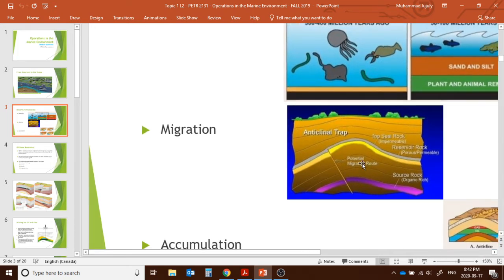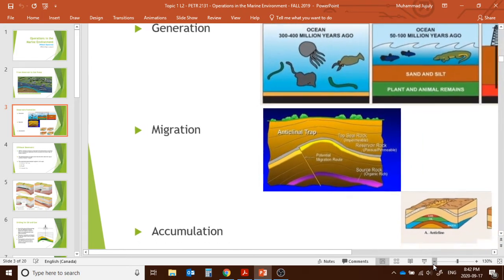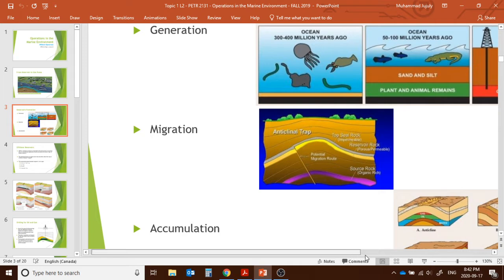But during this time of migration, if something stops it, then the migration can halt, and there the oil and gas could deposit, and those we call traps. So this is a type of trap. An anticline trap is shown here. Traps are for accumulating oil and gas.